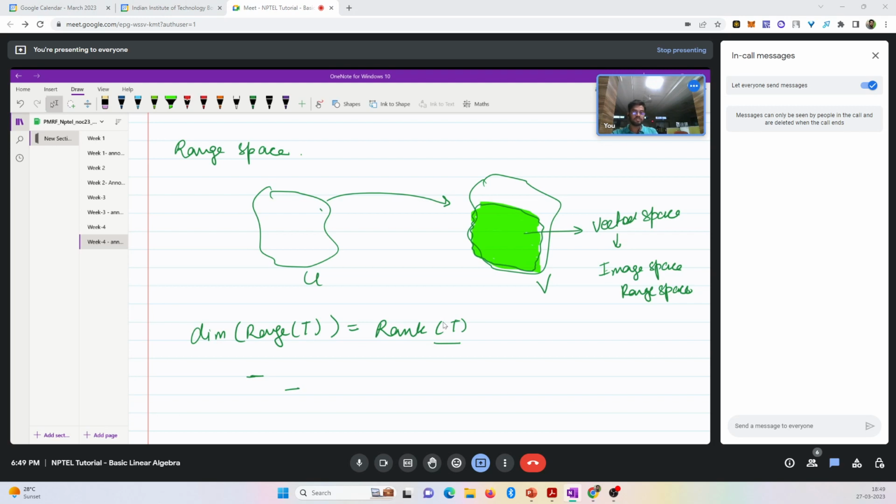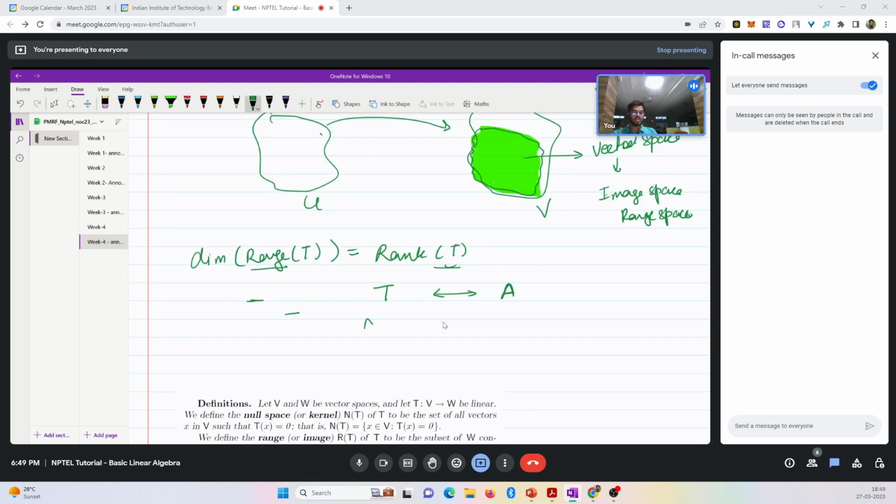In case of transformation, you call the dimension of range space of T as rank of T. Later you will see that for every linear transformation T, you can find a corresponding matrix A. And if you compare the nullity as well as the rank, these both things will coincide for this transformation as well as for this matrix.